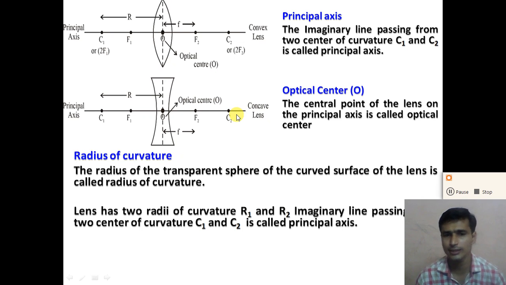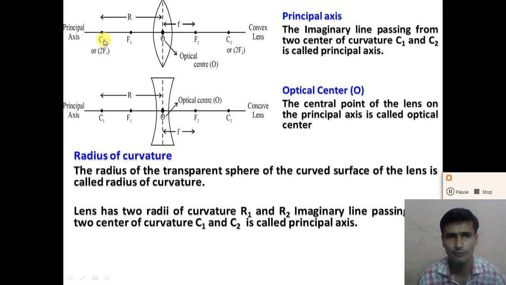So a lens has two centers of curvature. What do you mean by the radius of curvature? The radius of the transparent sphere of which the curved surface of the lens is a part is called the radius of curvature. Or we can say that the distance between the center of curvature and the optical center is called the radius of curvature.